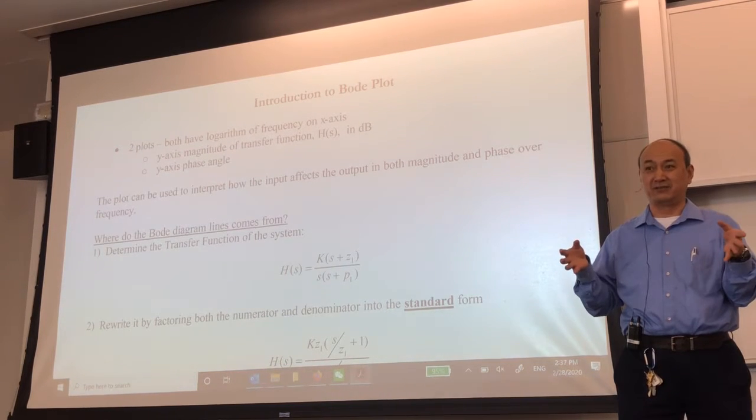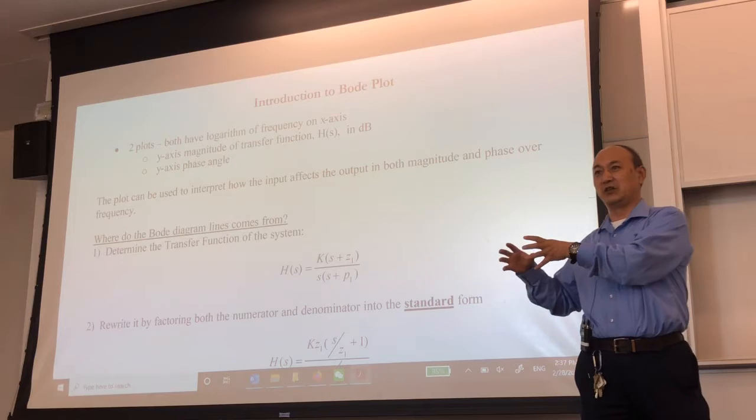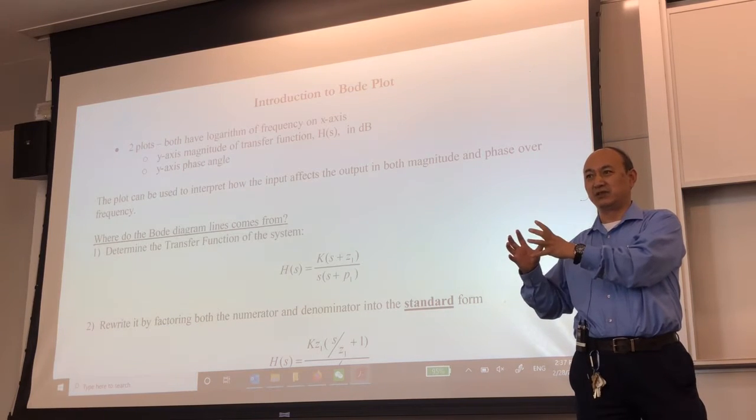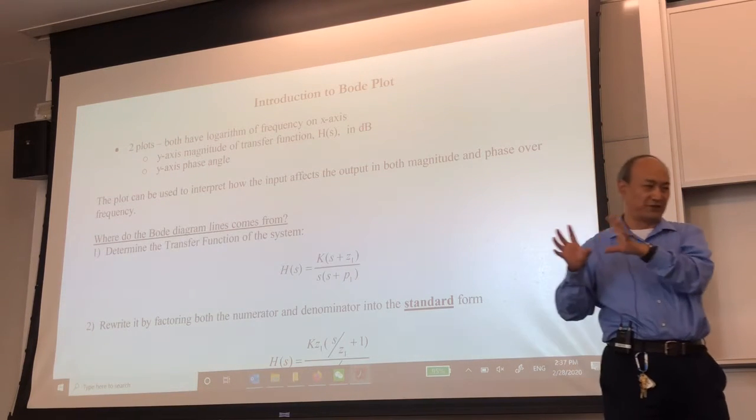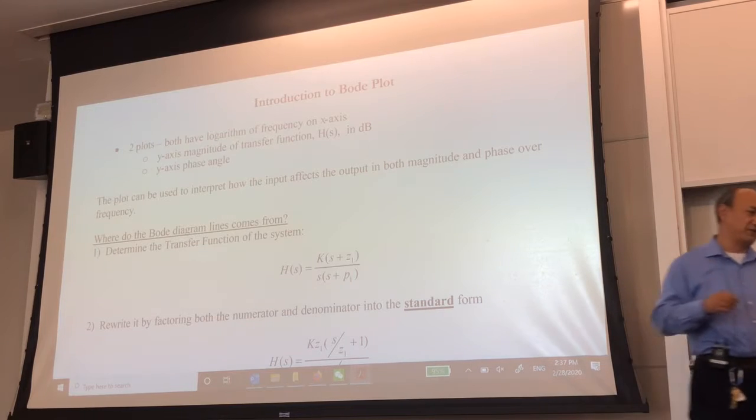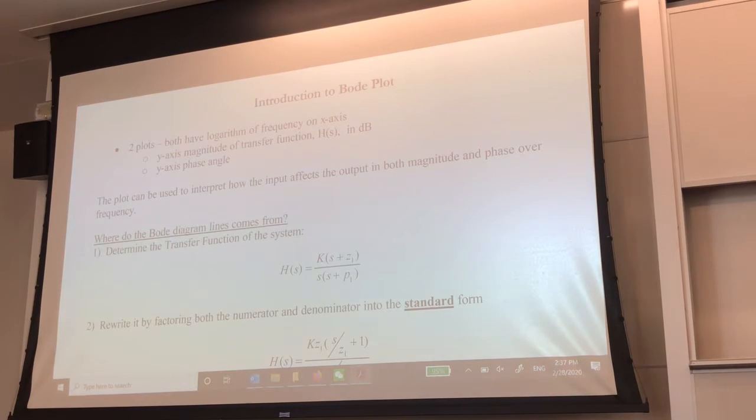Omega is the same. The difference is the output has different amplitude and phase. And those amplitude and phase differences are functions of omega. So that amplitude and phase change over omega is called frequency response.